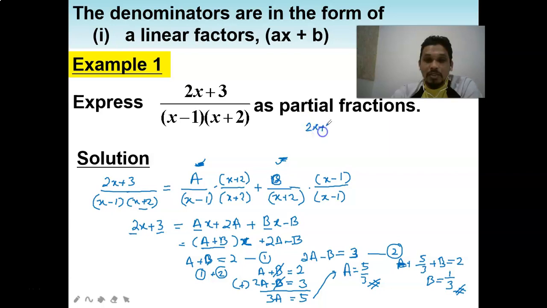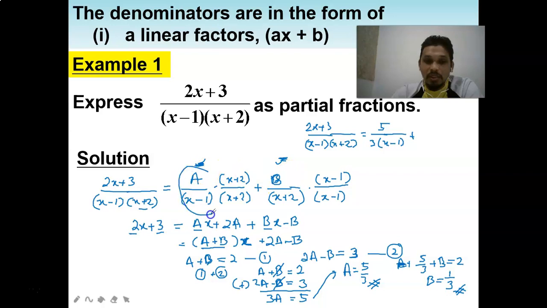2x plus 3 divided by x minus 1 and x plus 2 equal to, a is 5 over 3, so then it is 5 divided by 3 times x minus 1, and then b is 1 over 3 plus b here.